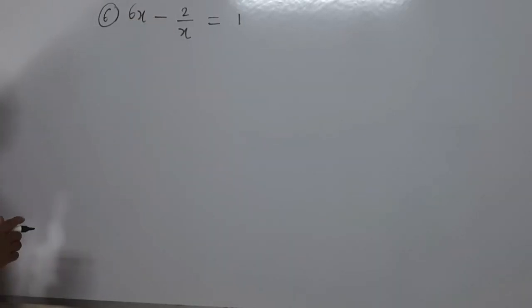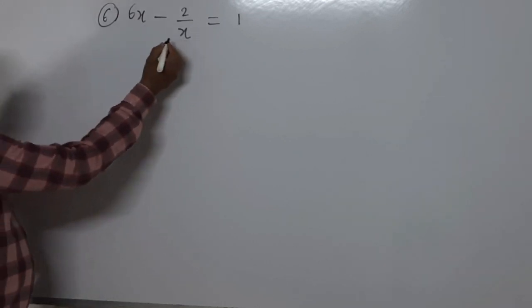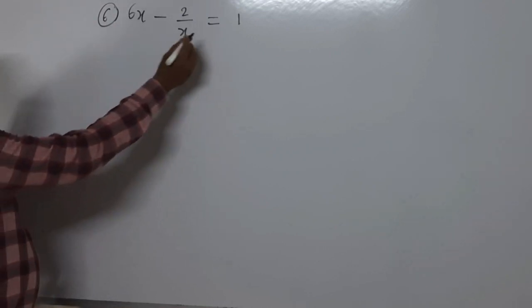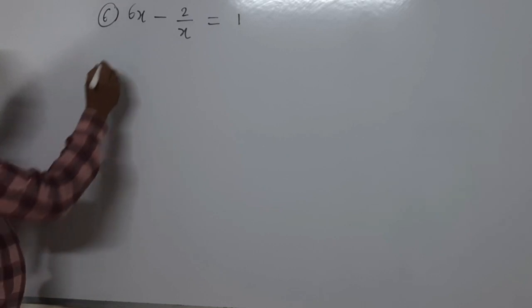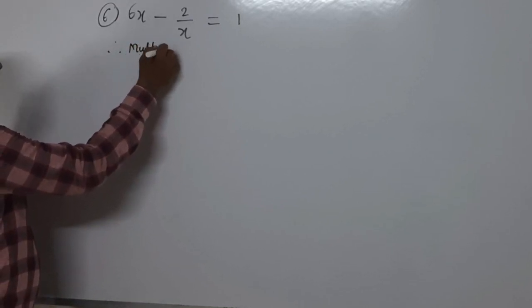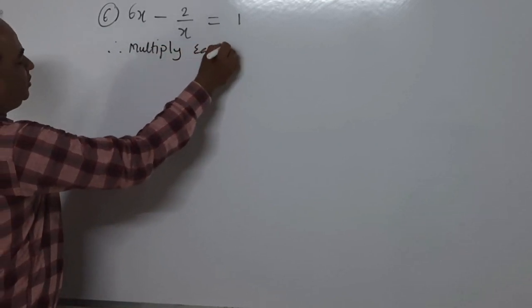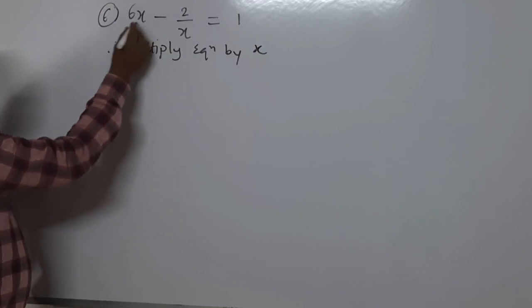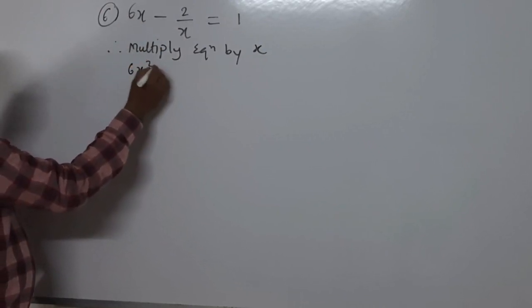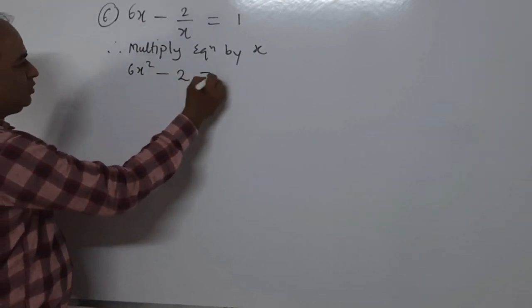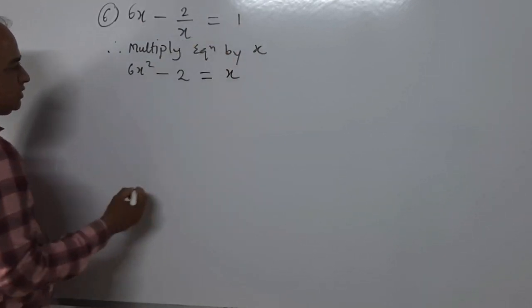Sixth example, 6x minus 2 upon x is equal to 1. Now here multiply the equation by x and convert the equation into the standard form. So multiplying the equation by x, we get 6x into x is 6x square, minus 2 upon x into x is minus 2, and 1 into x is x.